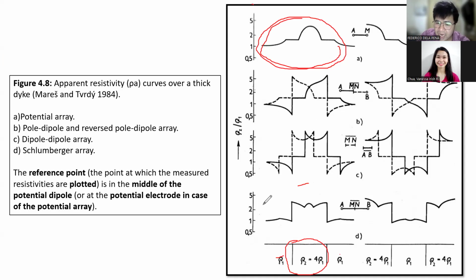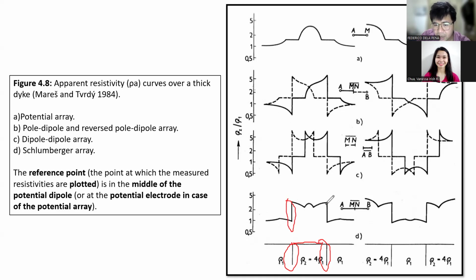The Schlumberger array will be good again at delineating the boundaries. So you can see here, this is the boundary, right? This is the boundary of the middle body, right? And it's really sharply delineated in the Schlumberger array.